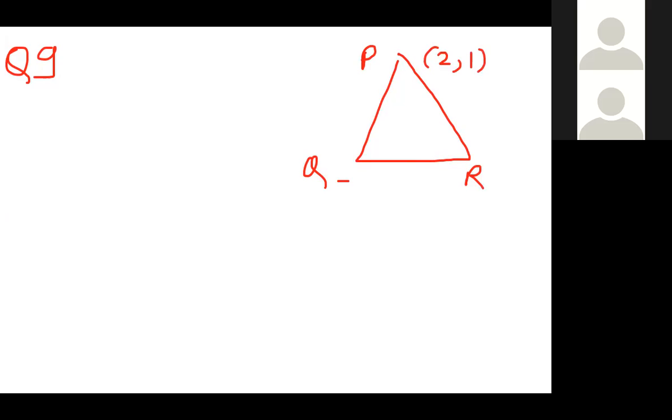The vertices of triangle PQR are P is (2, 1), Q is (minus 2, 3), and R is (4, 5).